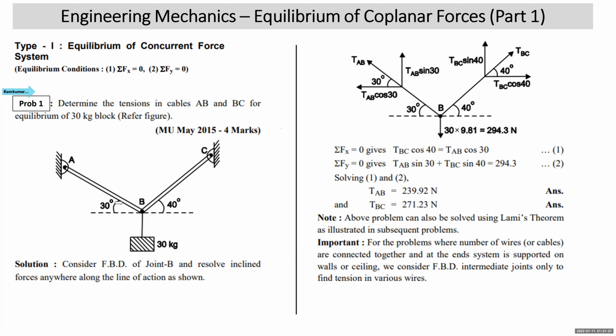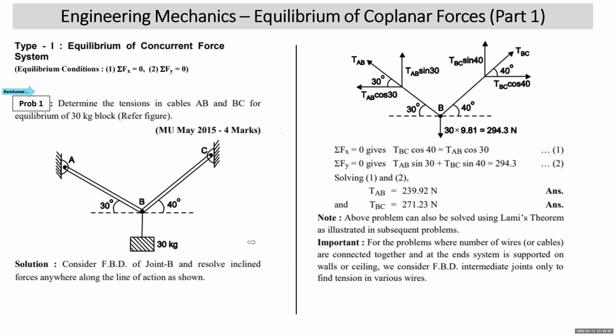In this type of problems, when number of strings, wires, cables, etc. are knotted or connected together, and the system is supported at the ends on the wall or the ceiling, to find the tension in the cables or wires, we draw the free body diagram of the intermediate point or intermediate joint.